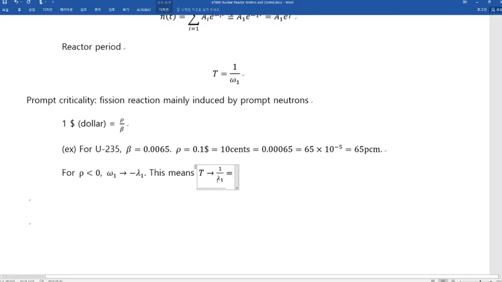So how can you calculate the 1 over lambda? Lambda 1 corresponds to the biggest half-life.